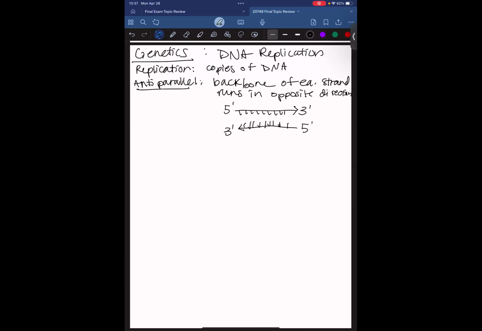All right. And DNA replication is semi-conservative. Does anybody remember what that term means? Each new DNA molecule consists of one old and one new.